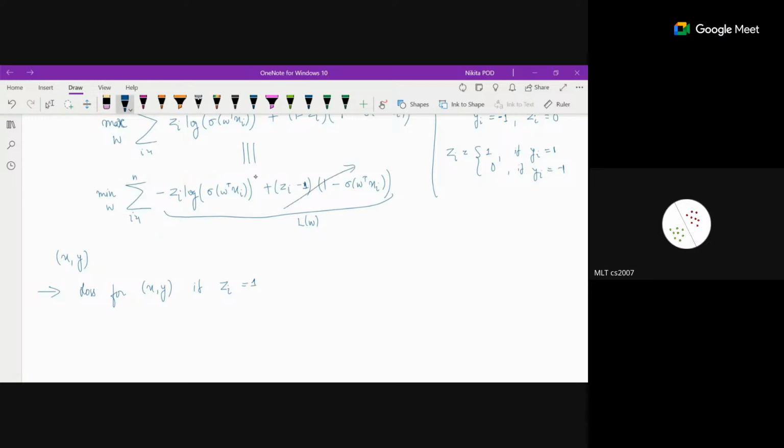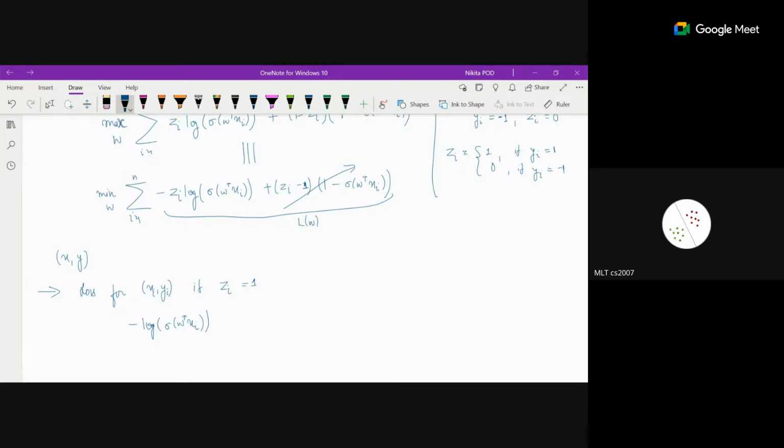Only the first term remains, which is minus of log of sigma of w transpose xi.